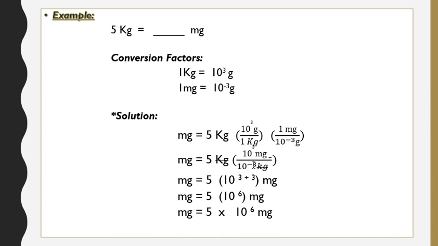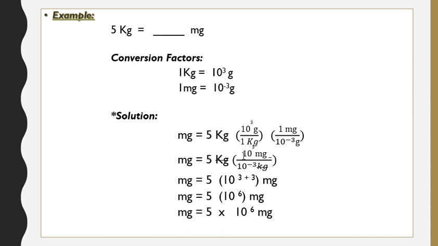But take note, when doing math involving exponents, for division we subtract. Right, in multiplication you add them. But since this is division, what we do with the exponents is subtract. So 3, we subtract, and then negative 3.